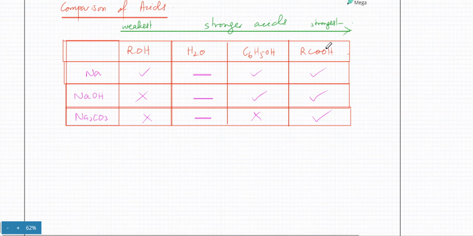So let's start with the first one, and that is why alcohols are the weakest acid.